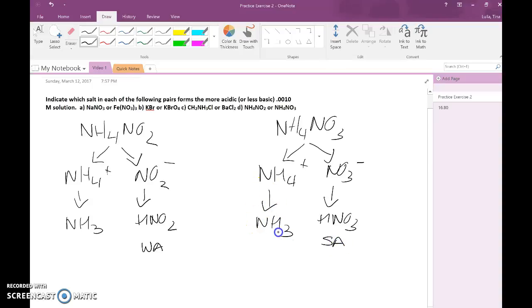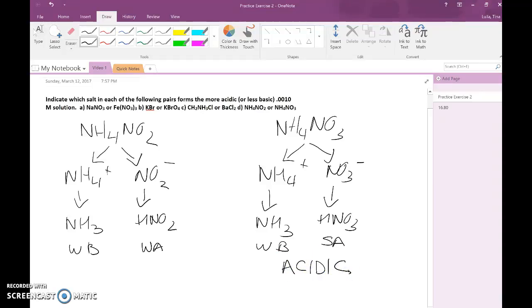NH3 here, and remember that NH3 is a weak base. So for this first molecule, weak base, weak acid. Shoot, we're going to have to come back and figure that one out. Here, weak base, strong acid, so this solution is definitely going to be acidic.